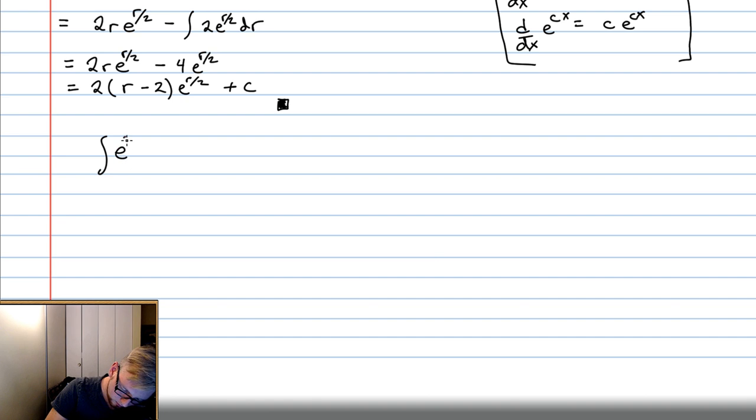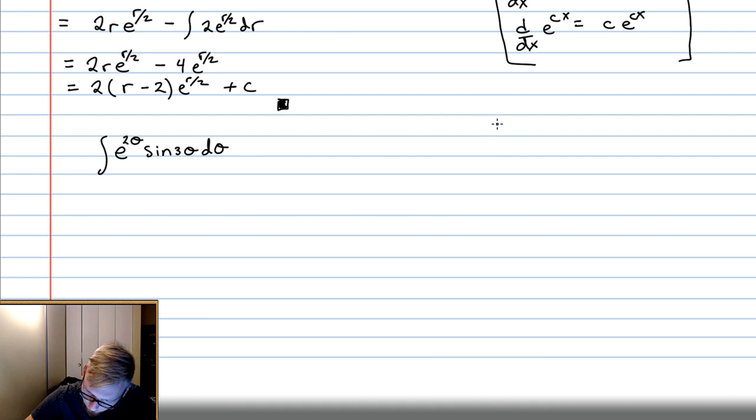e to the 2 theta sine 3 theta d theta. I don't know this off the top of my head, so let's figure it out. What can we do? We're going to do integration by parts again. It's the same concept.